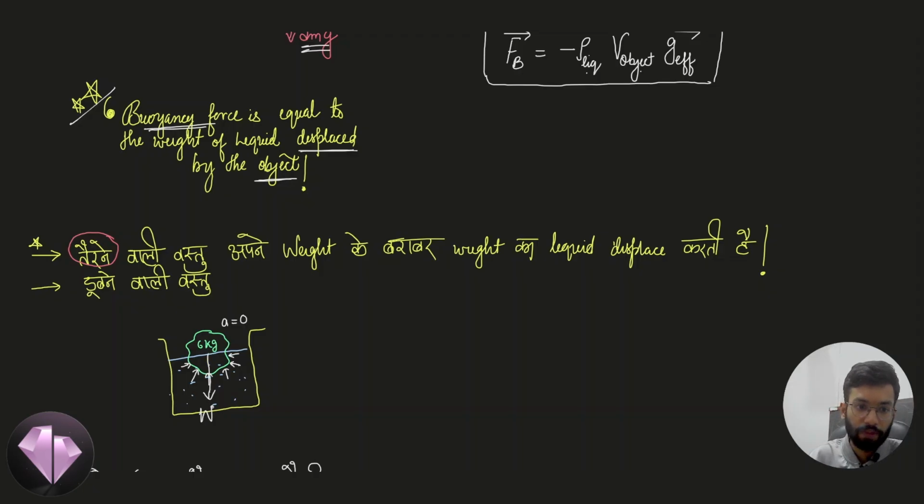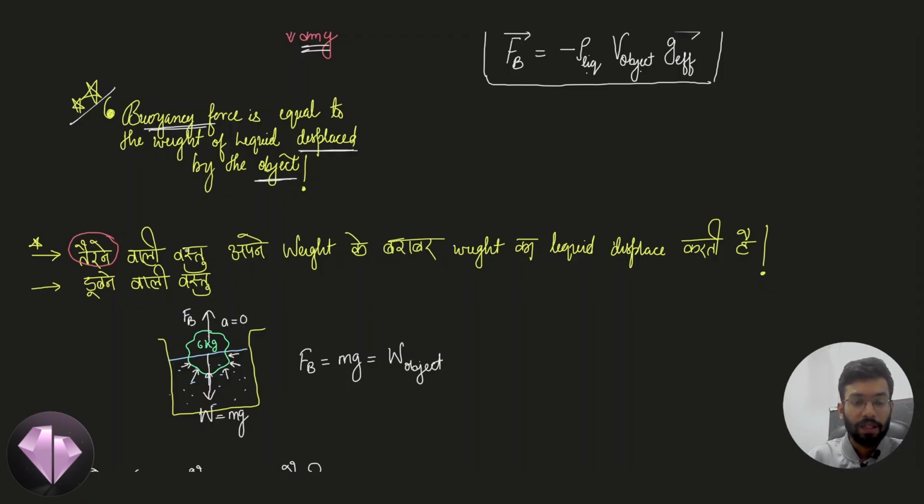So this is W, weight of the object, which is m into g acting downwards. And we already know that these fluid elements together sum up to what we call Buoyant force, Fb. Since this object is floating, ये object तैर रहा है, so उसका acceleration 0 है, which gives me Fb is equal to m into g, which is nothing but weight of the object.